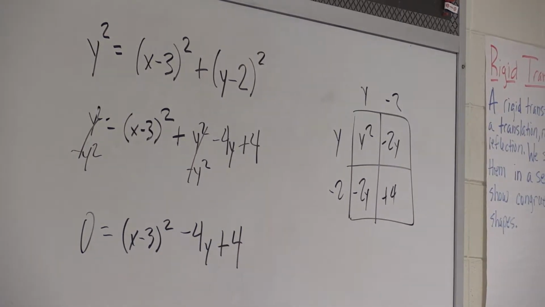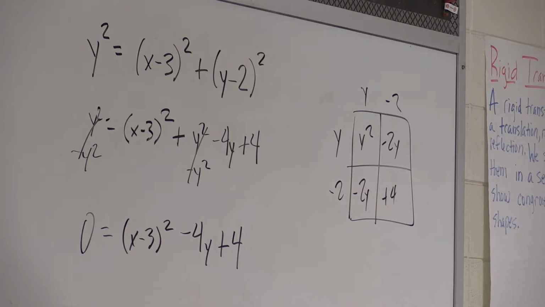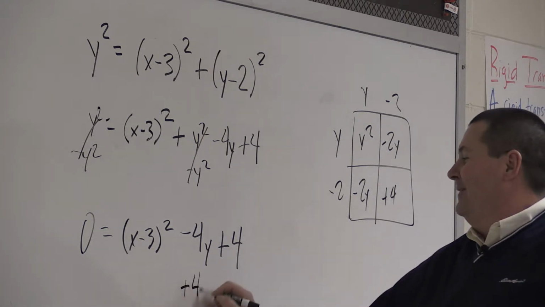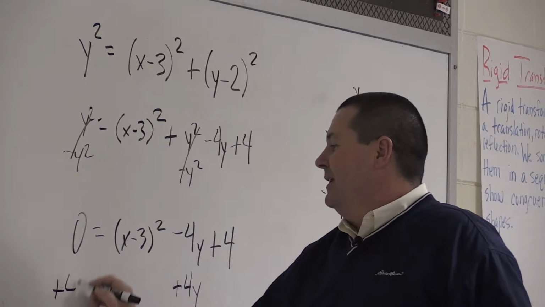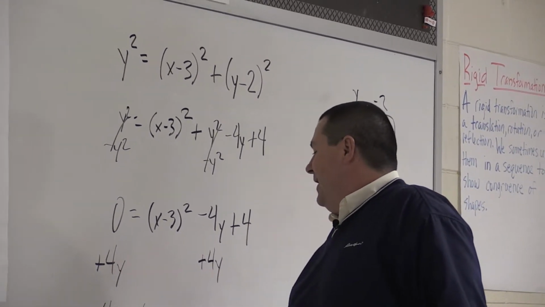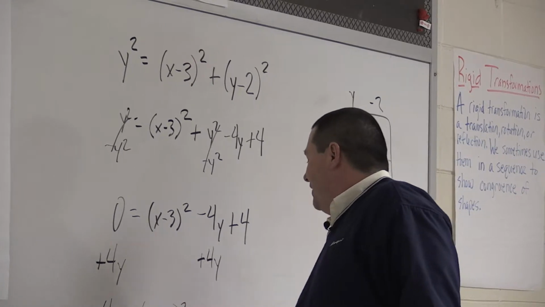So what do you want to do next? Mason, what do you want to do next? Put what? Very good. How are we going to do that? Jess, how are we going to do that? There we go. So 4y is equal to x minus 3 squared plus 4.